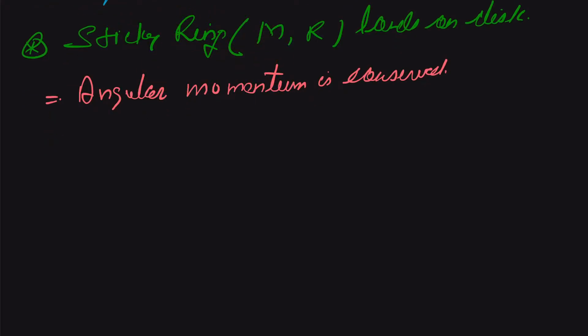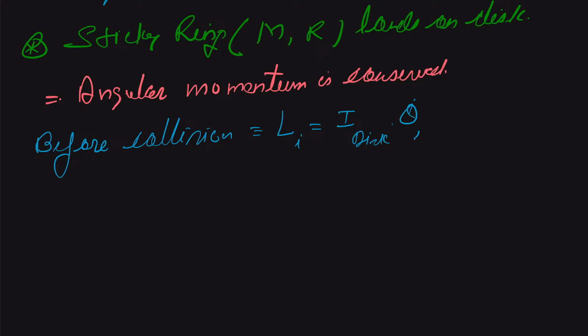So let's find out before and after, let's call that collision. So before collision, the angular momentum L initial will be equal to the moment of inertia of the disc times theta prime initial, that is omega.